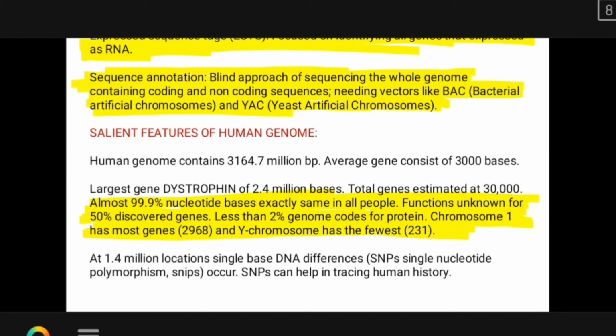Then 30,000 genes were discovered, and almost 99.9% of the genome is exactly the same in all people, functions are unknown for over 50% of the genes discovered, and less than 2% of the genome codes for protein. Then chromosome 1 has the most number of genes and chromosome Y the fewest. And at 1.4 million places single nucleotide polymorphism occurs, that is, single base DNA differences, also called SNPs.